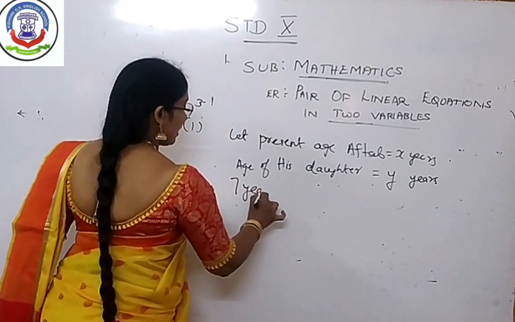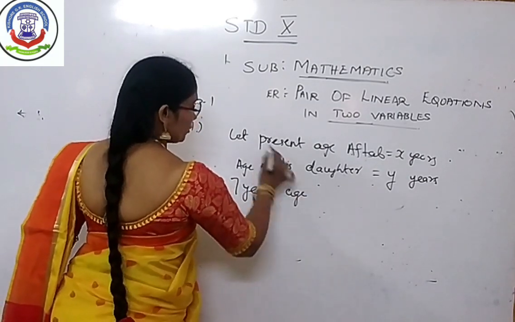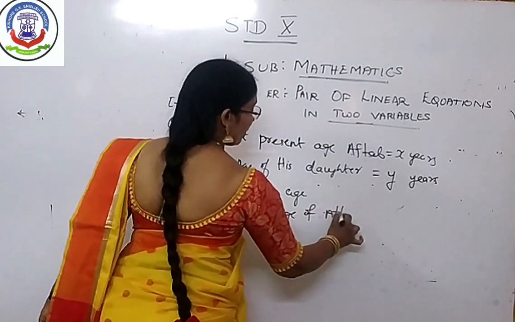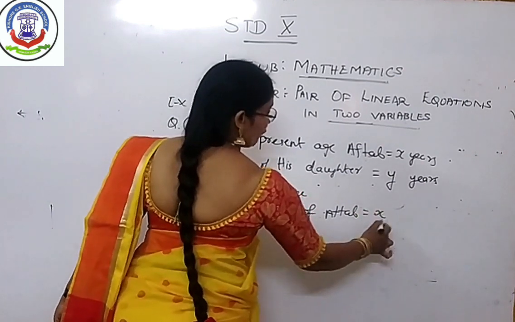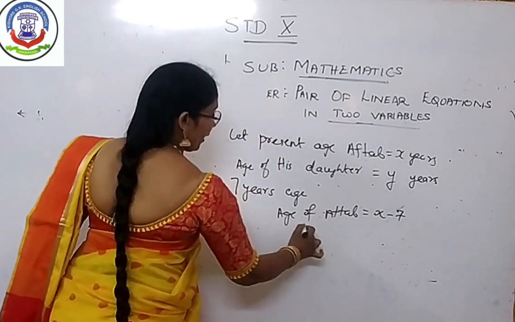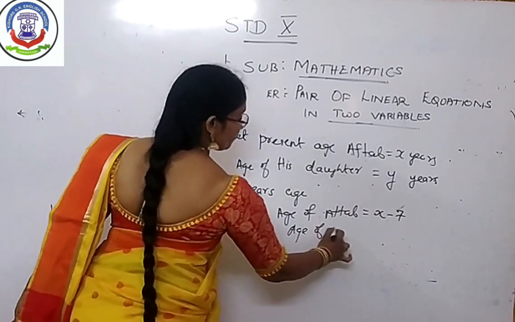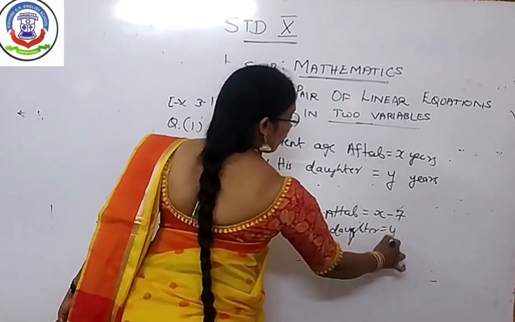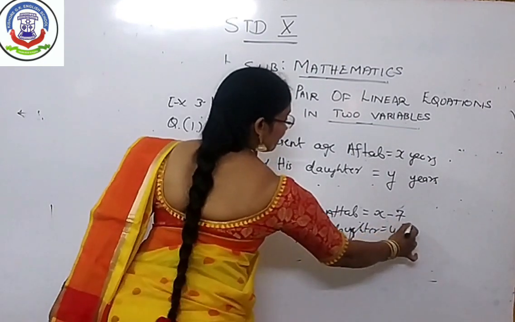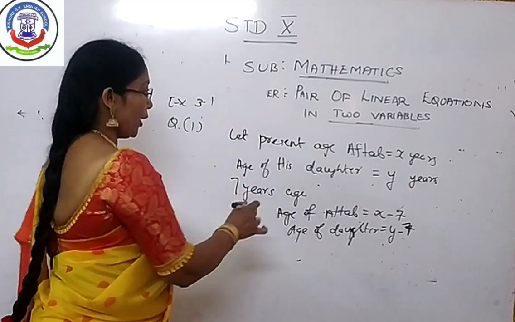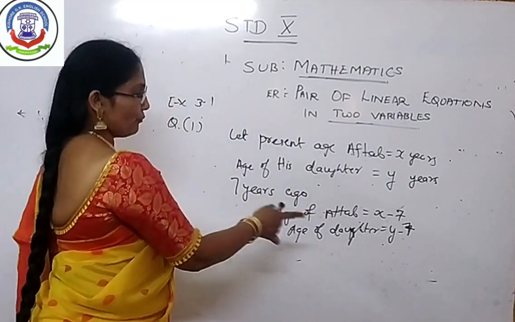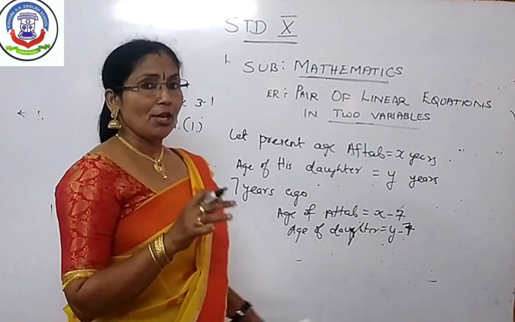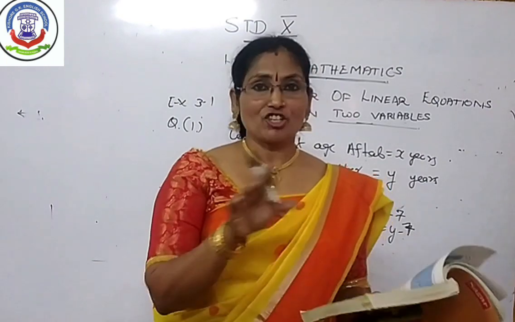So 7 years ago, Aftab's age was x minus 7 and the age of the daughter was y minus 7. Is it right? Now what is the relation between these two?